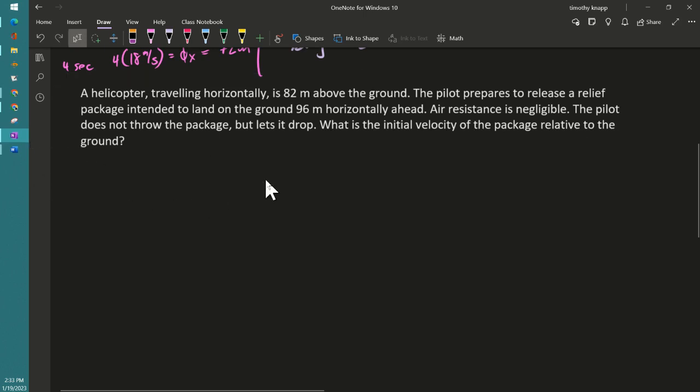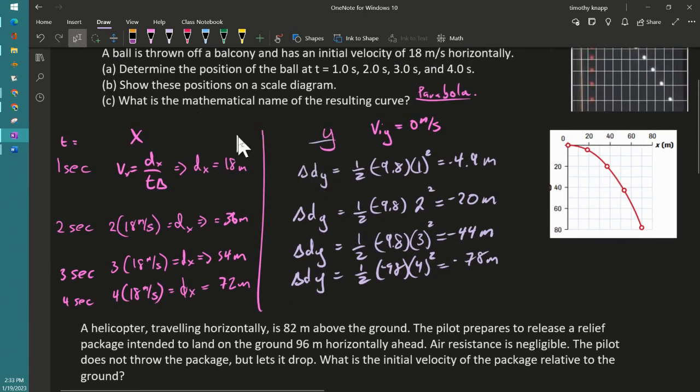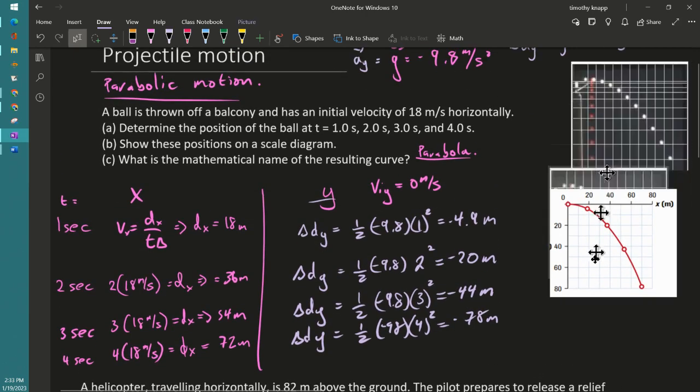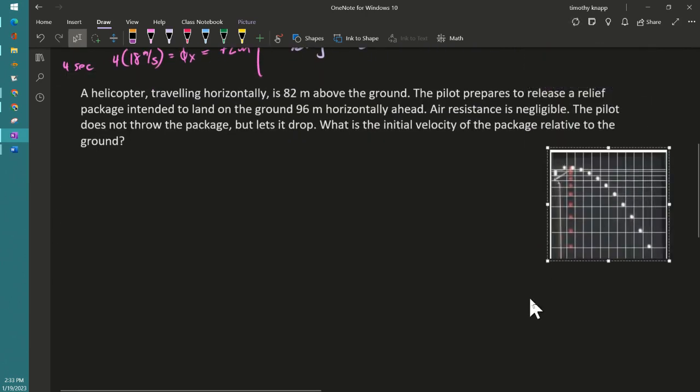Okay, so this question here and the previous question are similar in that effectively, if I take this picture here and bring it down for us, pretend like you've got a helicopter flying here.